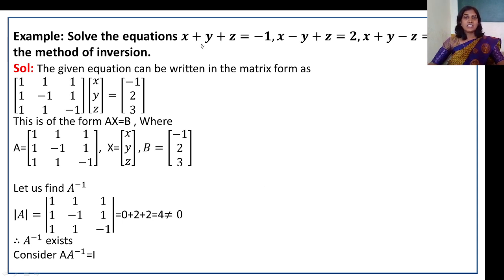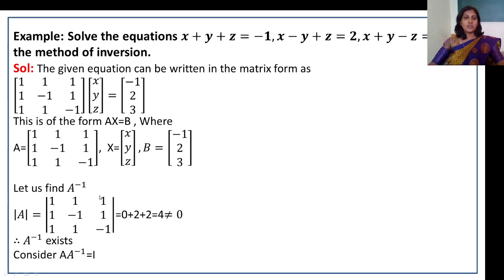So write the given equations in matrix form. The first matrix is of coefficients, that is 1, 1, 1 as the first row, 1, minus 1, 1 as the second row, 1, 1, minus 1 as the third row. x, y, z are the unknowns and minus 1, 2, 3 here, that is B. This is A, this is X and this is B.